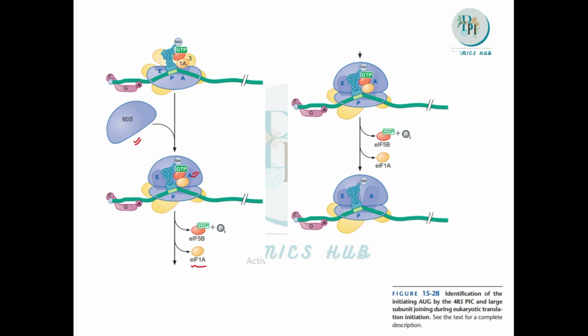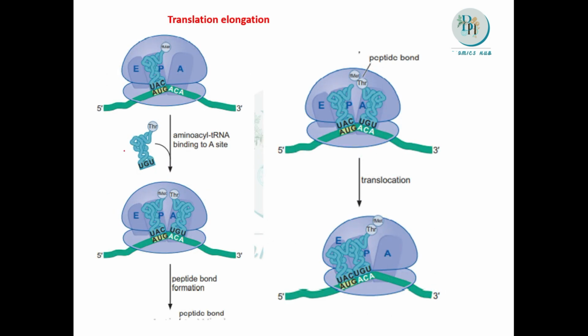Here we can see that after the removal of eIF5B with the help of GDP and eIF1A, the A site is now free. So this is now ready for the elongation phase to enter. Here we can see that this A site is now empty.